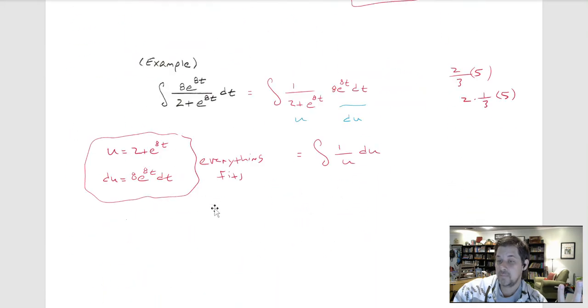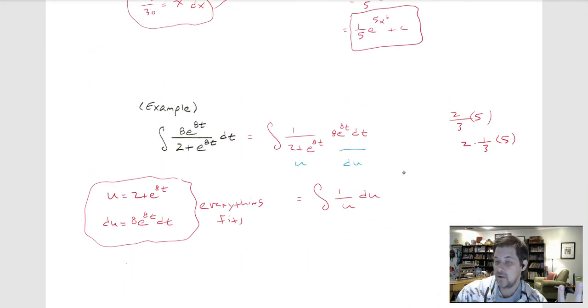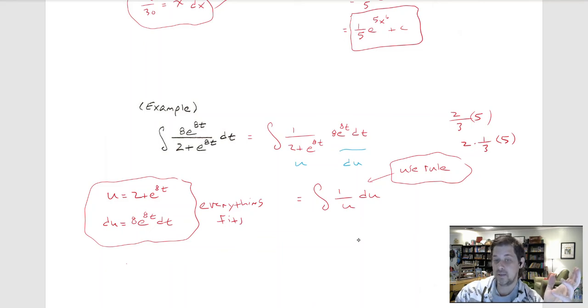So our basic rule is now applicable at this point. Right here, we're going to use the rule. This substitution took that complicated looking problem and reduced it down to this one, simple enough for our rule to apply to it. That's the goal all the time.